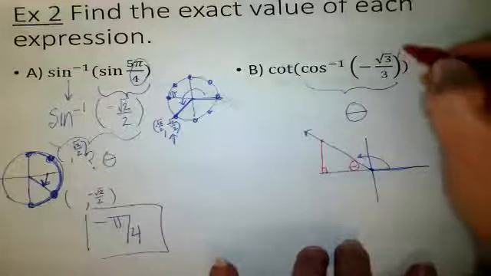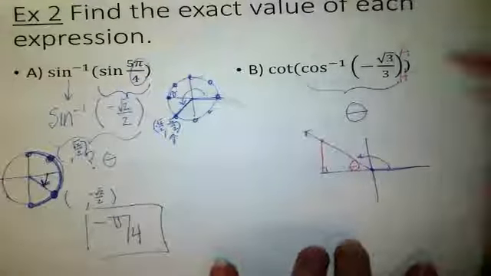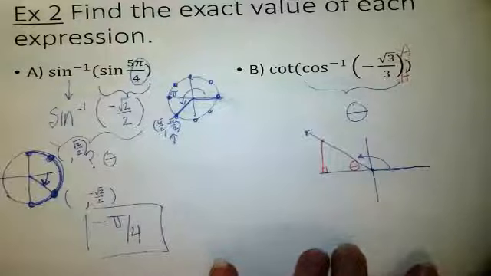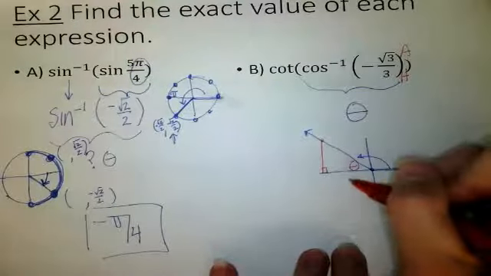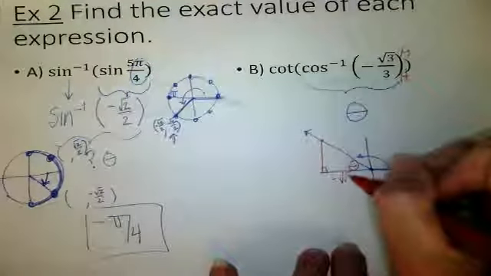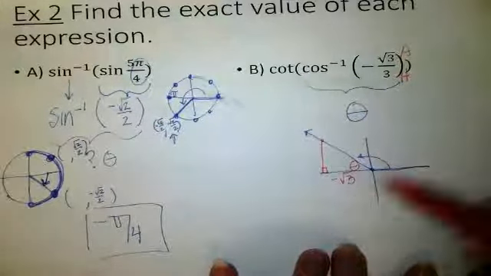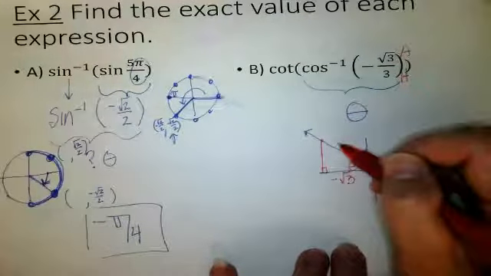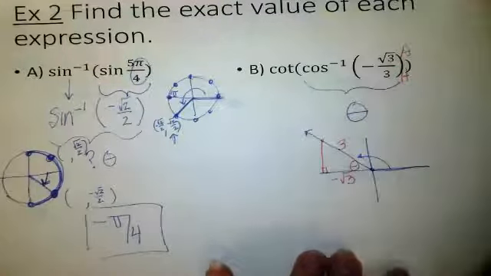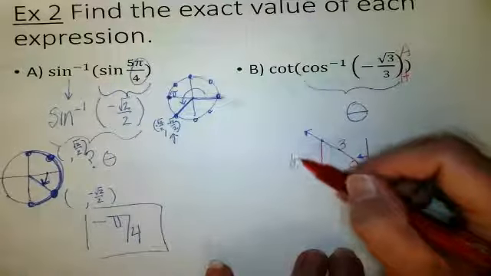Cosine is adjacent over hypotenuse. So the adjacent side is negative radical 3. And the hypotenuse is 3, and then we need the Pythagorean theorem again.